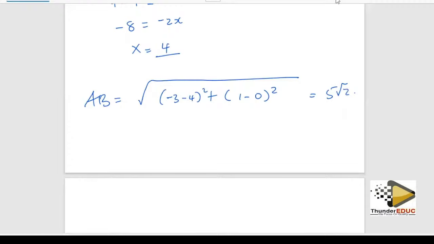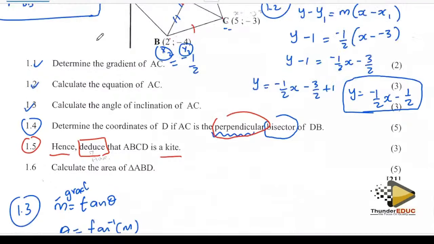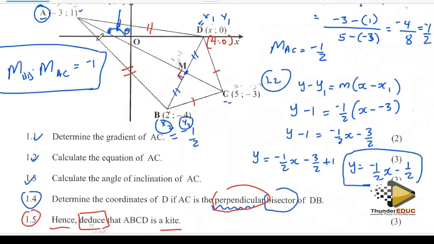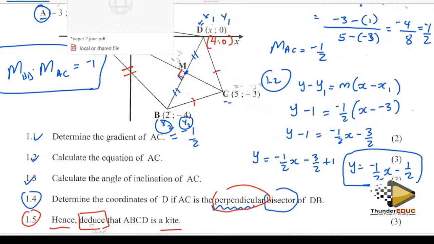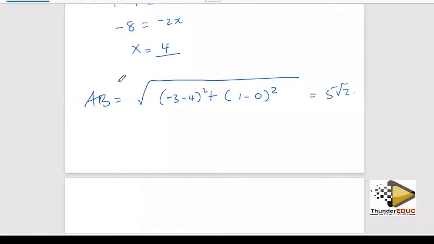Okay guys, so now let's look at AD. Was that AD? Yes, that was AD, not AB. Sorry about that. That's AD. And let's look at the AB.